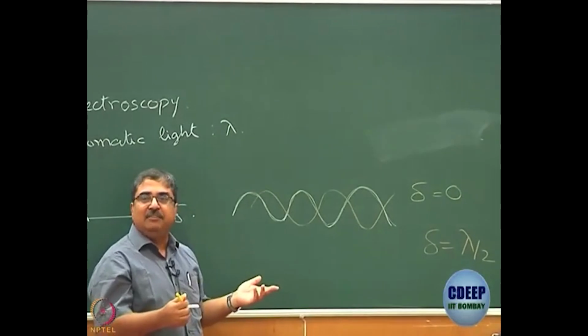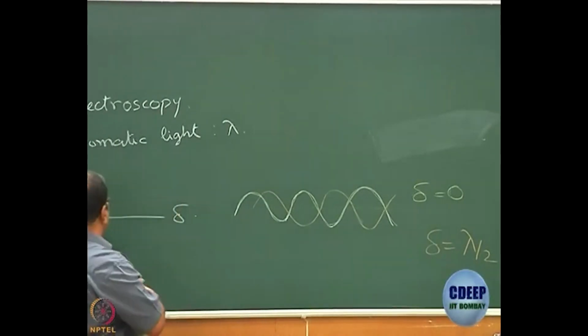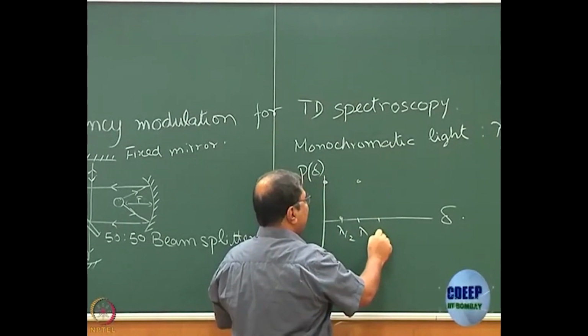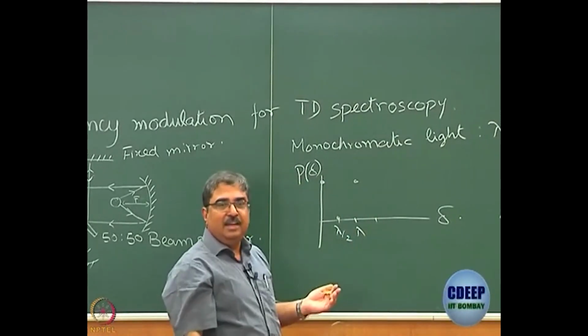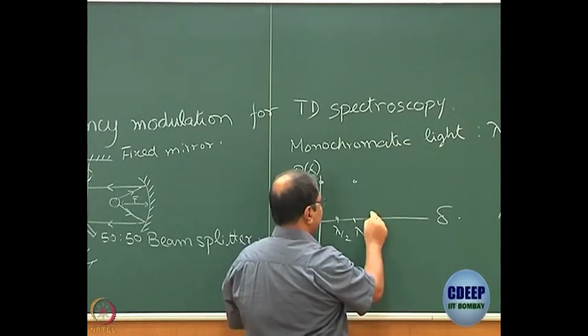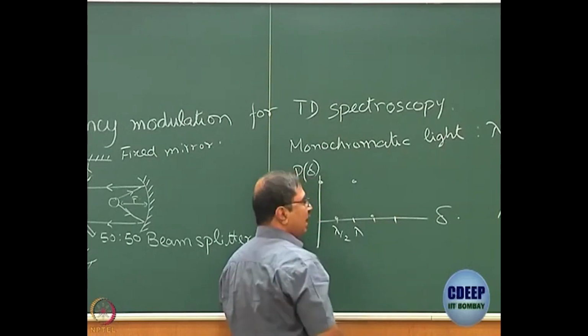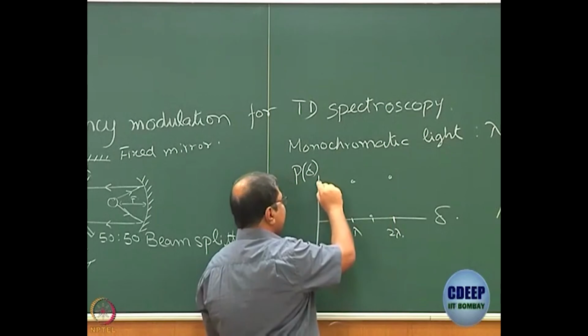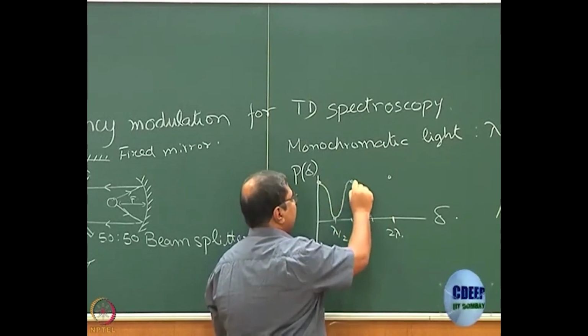Again you will get complete constructive interference. So it should climb to a maximum at lambda. What about 3 lambda by 2? Again it will become 0. What about 2 lambda? Again it will become maximum. So what you get at the detector is an oscillatory signal.